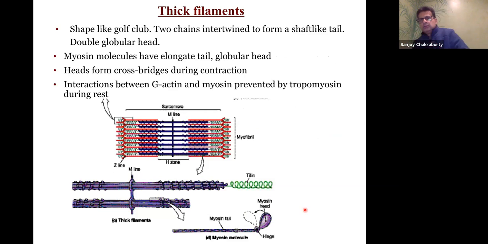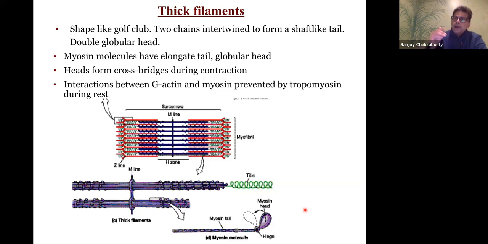So what is muscle contraction again? Calcium is released in the cytoplasm, troponin binds to the calcium, therefore troponin moves, followed by tropomyosin moving, which exposes the active site of the G-actin molecule.